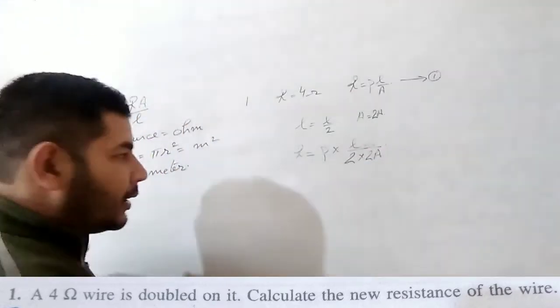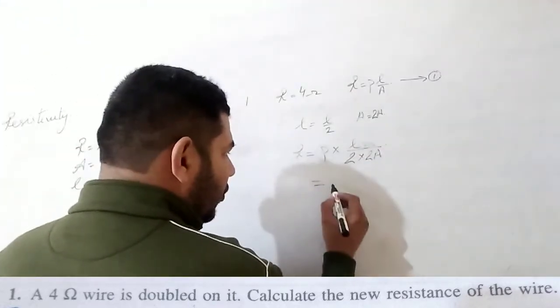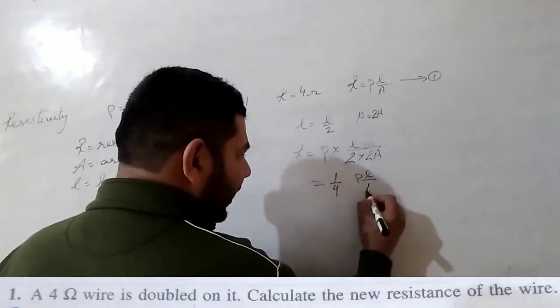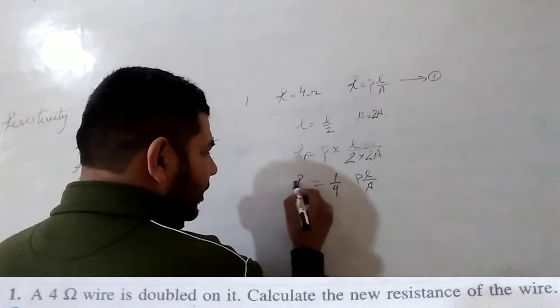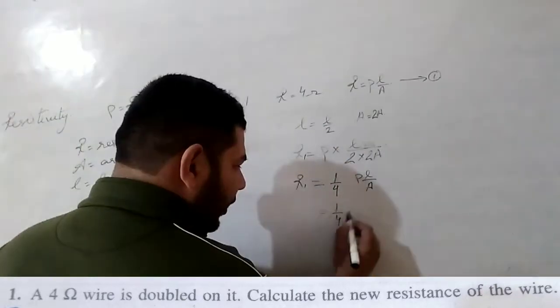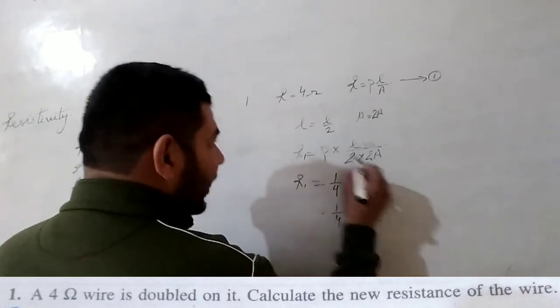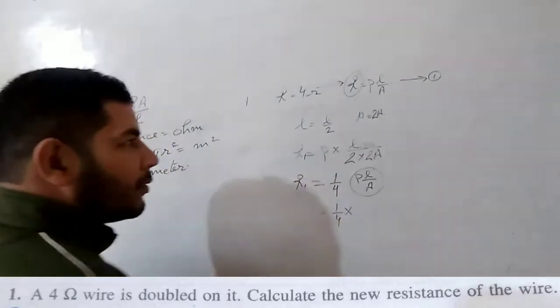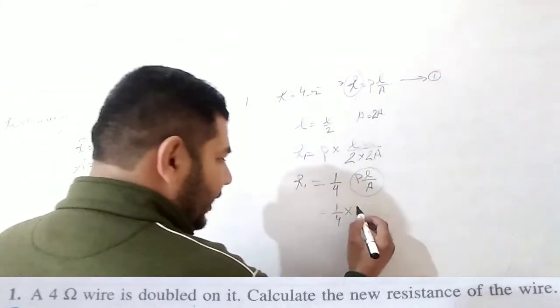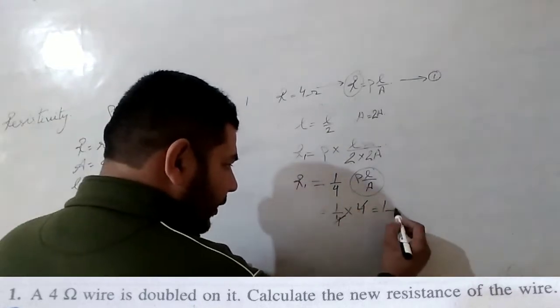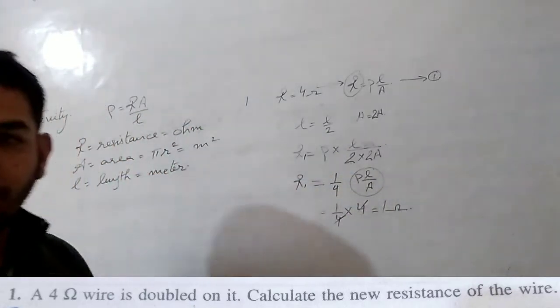Now we will write 1/4 rho L by A. This is the new resistance R1, and this is the old resistance R. So 1 by 4 into rho L upon A is equal to R, and R is equal to 4. So we are getting the new resistance as 1 ohm.